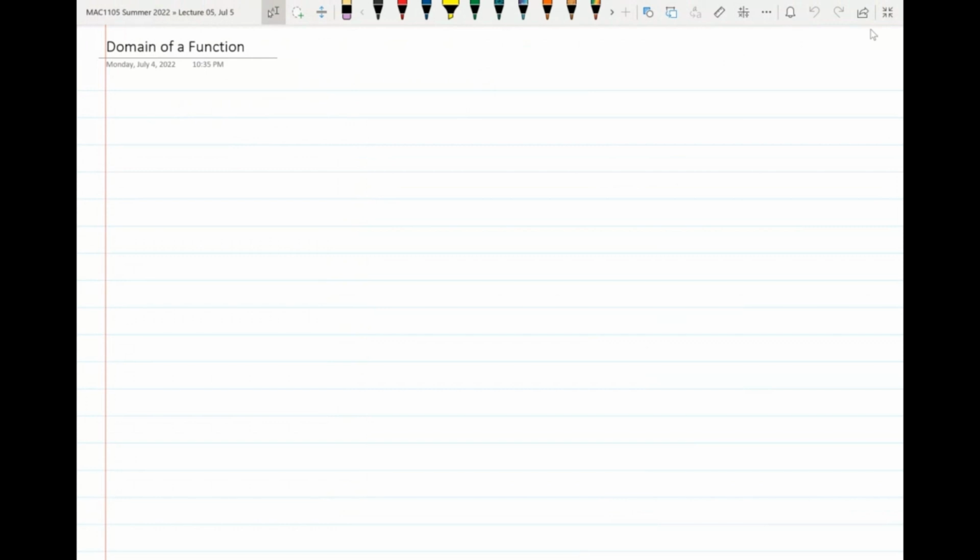All right, so let me start with a small question to illustrate the kind of thinking that you should have when you're looking for the domain. Okay, so question. Consider the function 1 over x. This is a function, right? Remember, for something to be a function, in this case, you have a formula. What it needs to satisfy is that given an input, there is only one output associated with it.